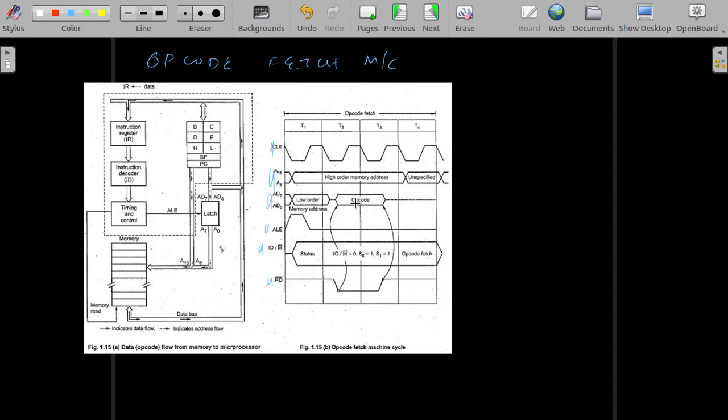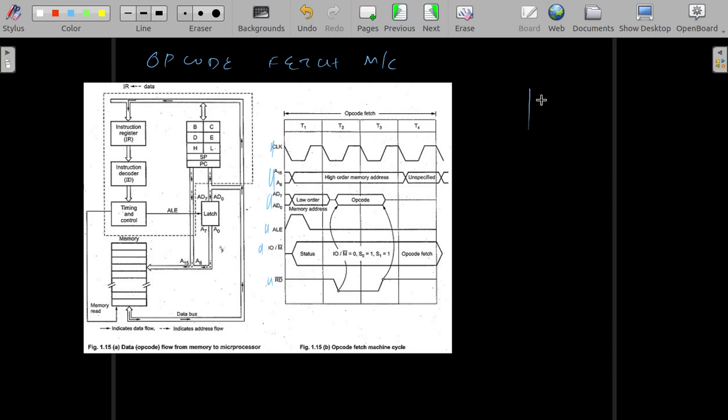After the first T state, the AD lines AD0 to AD7 act as the data bus. And what is there in the data bus? The opcode that is to be read.